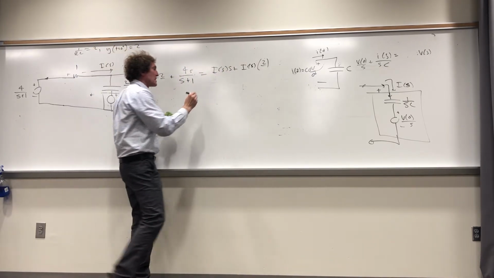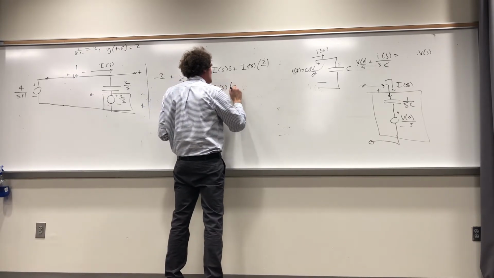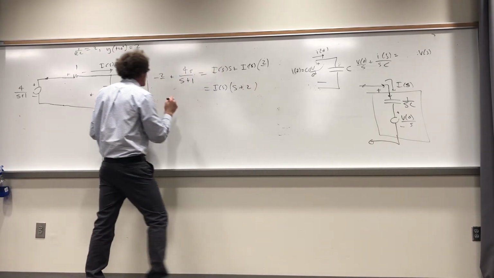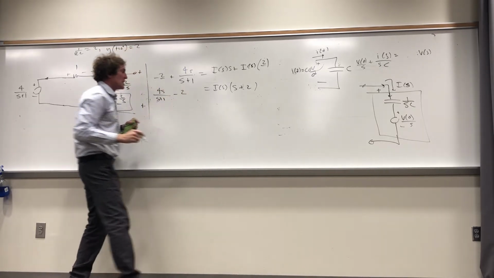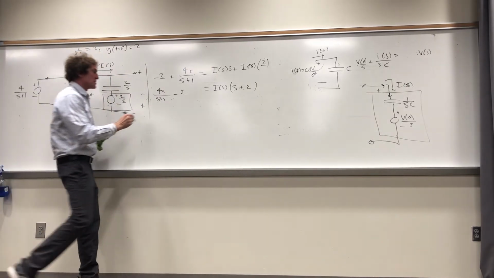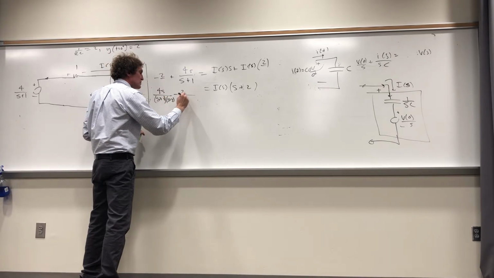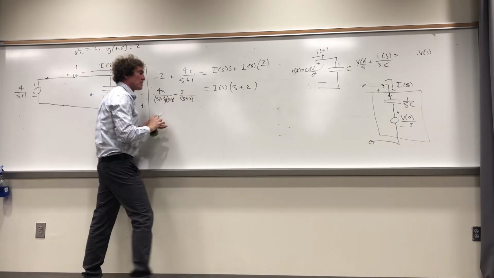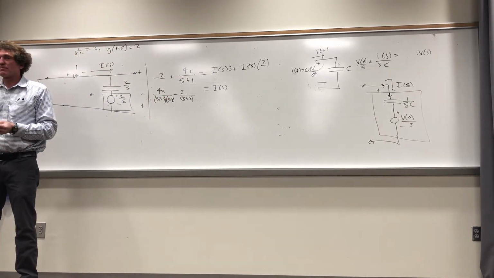And then I get I of S times the quantity S plus 2 equal to 4S over S plus 1 minus 2. And finally, I divide by S plus 2, and I have my I of S. Now once I have this, these are simple poles. You can take it back to the time domain.